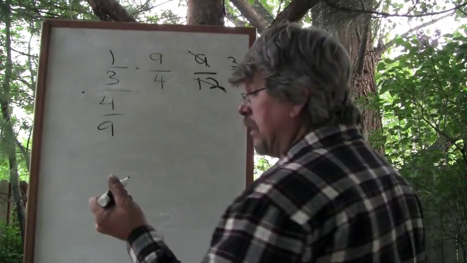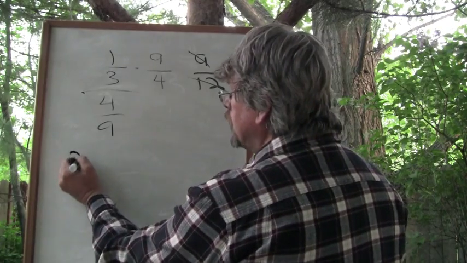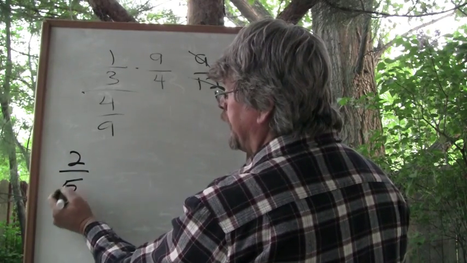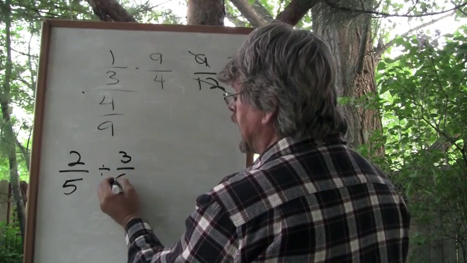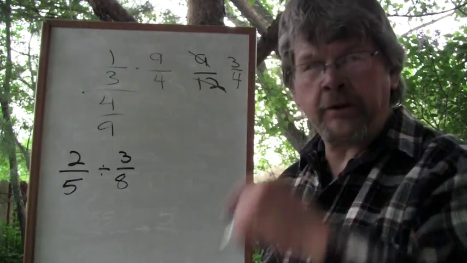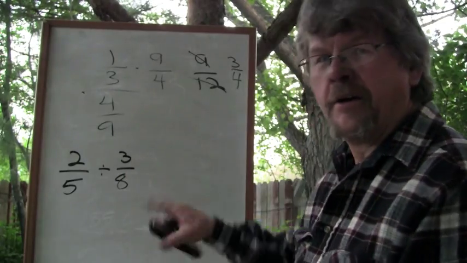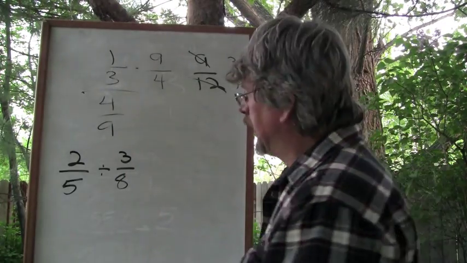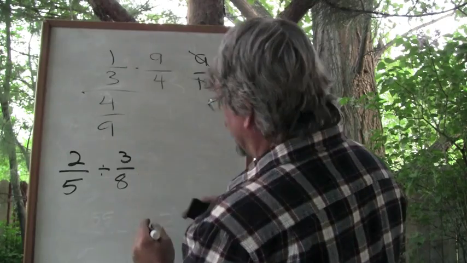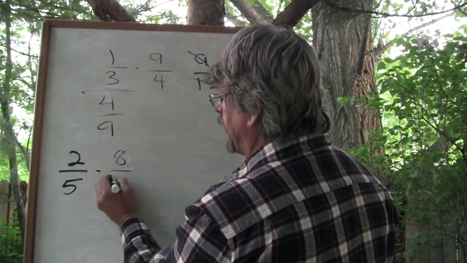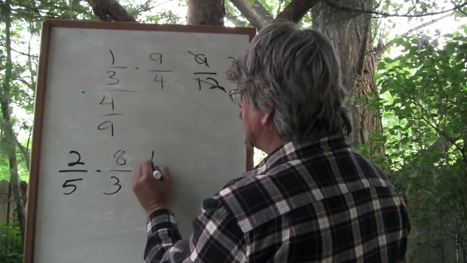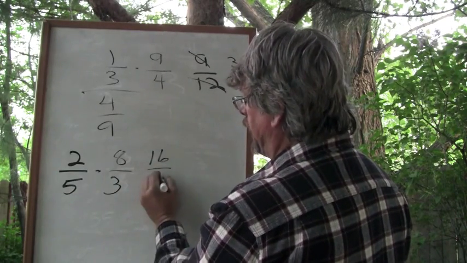It's that easy. What if we did 2/5 divided by 3/8? You say that's too difficult. No, it's not. Flip the 3/8 over and multiply. 2/5 times 8/3. 16/15.